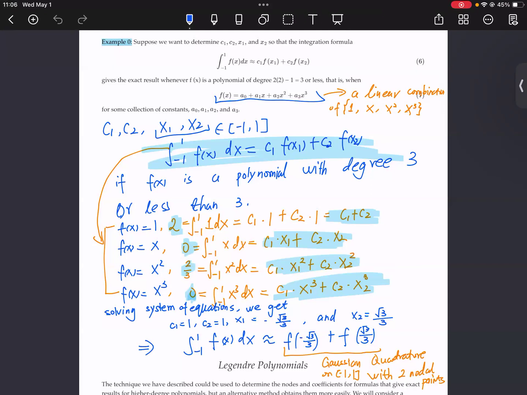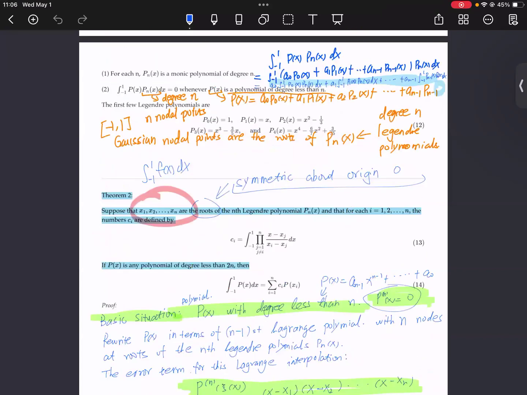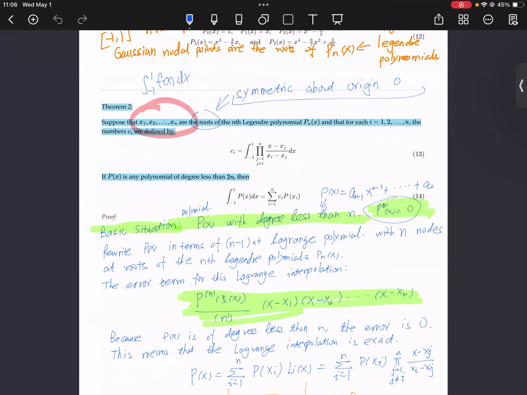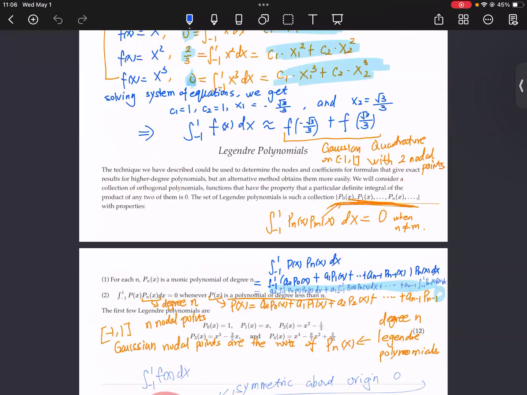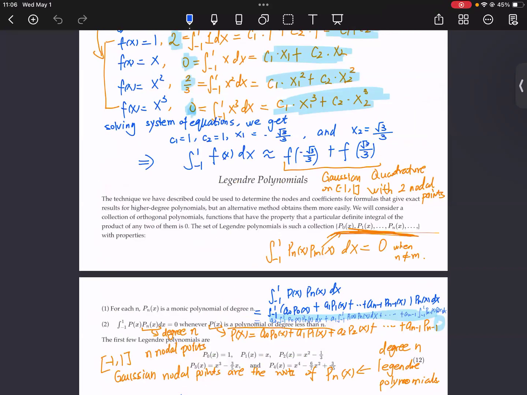Today I'm going to introduce how to generate the nodal points and the coefficients in a systematic way. This is related to the Legendre polynomials. Let me erase some things here.